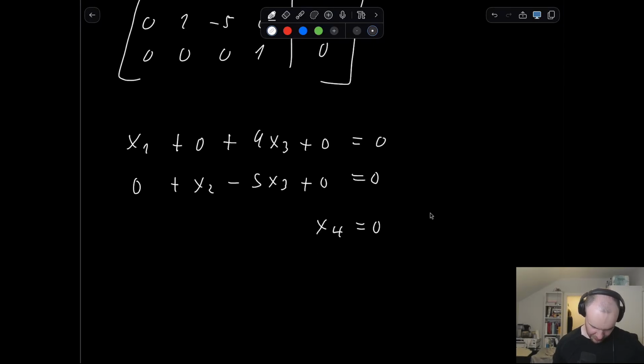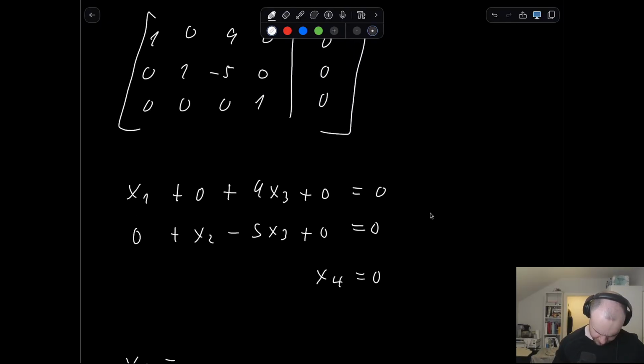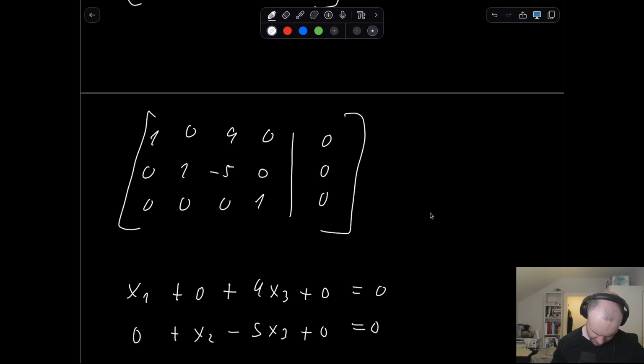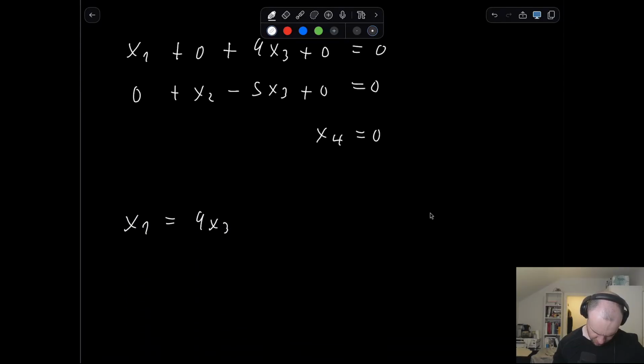So now we have a system of equations, and we have x1 is equal to minus 9x3. Did I miss something here? No, I think it's all right.